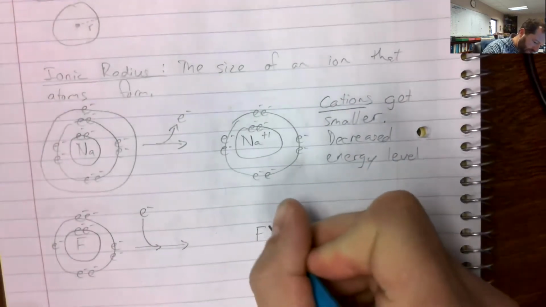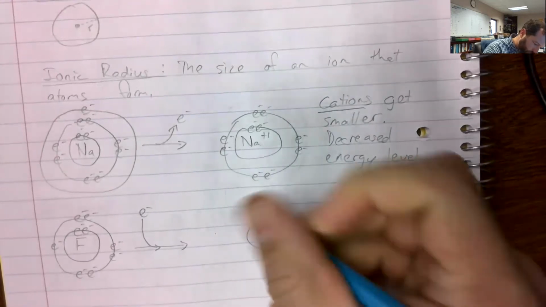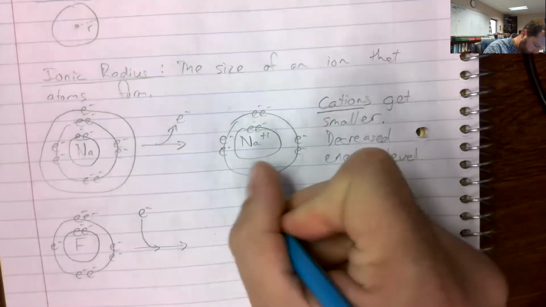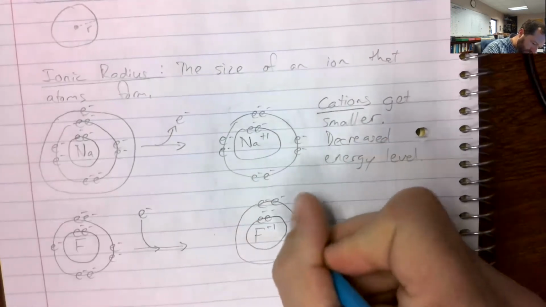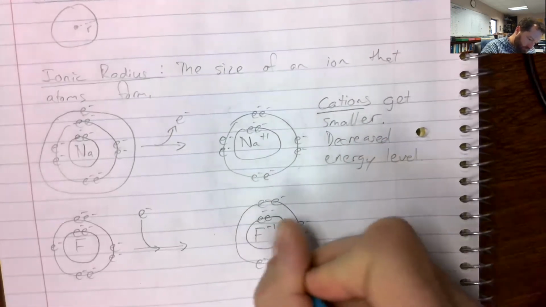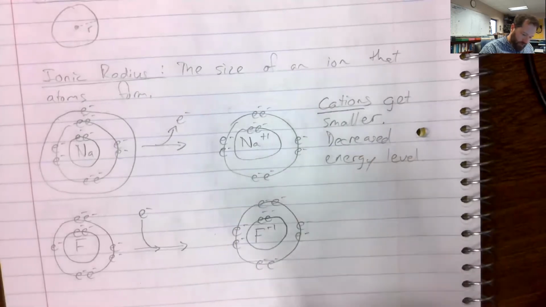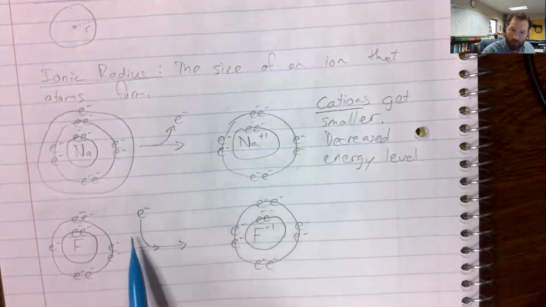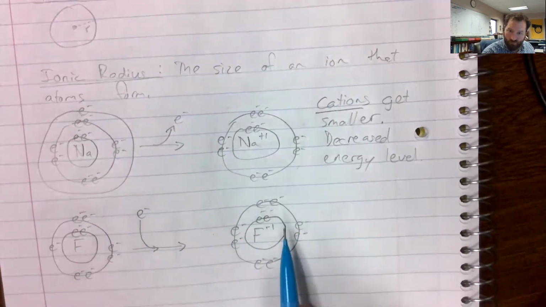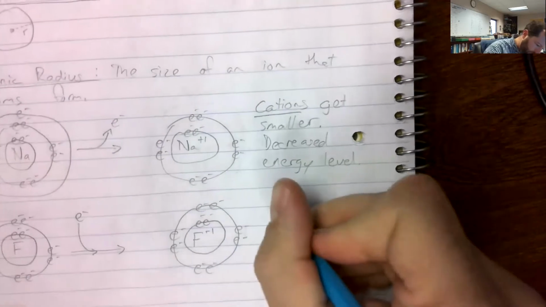And these are known as anions. And it's going to form a negative charge fluoride ion. And again, he gets to his full octet. So he gets to all 8 electrons by gaining an electron. And this is called an anion.